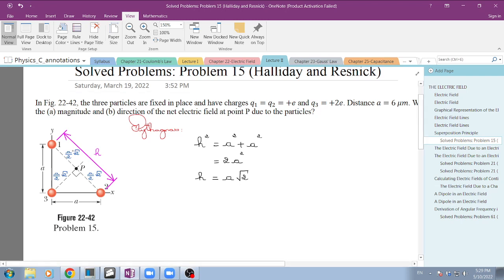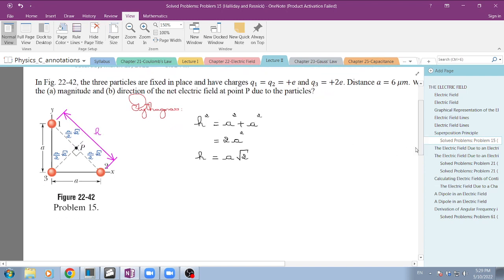In this case, you have three particles, 1, 2, and 3, located in this particular disposition, separated by the same distance and so on. We can find the distance from these particles to the point P using Pythagoras' law that I just put here. So those are the distances from these particles to this point P.